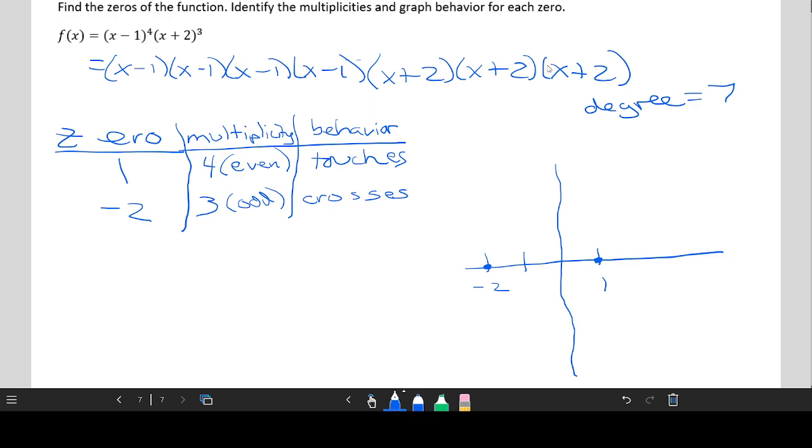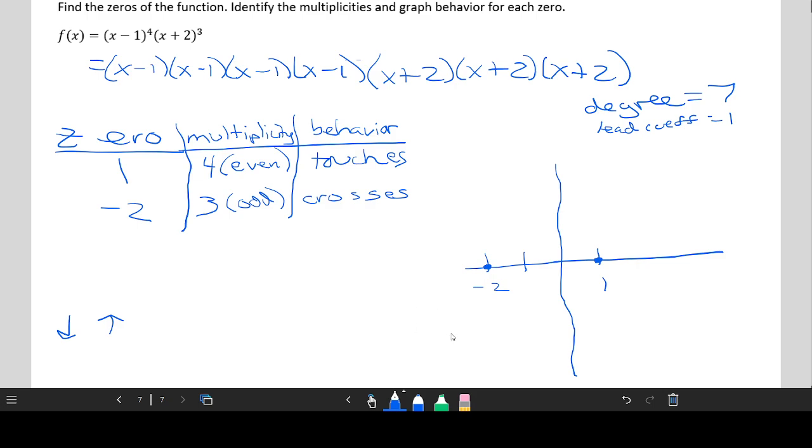So when you multiply all this out, your highest power term is just going to be x to the 7th. The leading coefficient is going to be 1, which is positive. So since we have an odd degree and a positive leading coefficient, we know that we're going to have the left end pointing down and the right end pointing up.